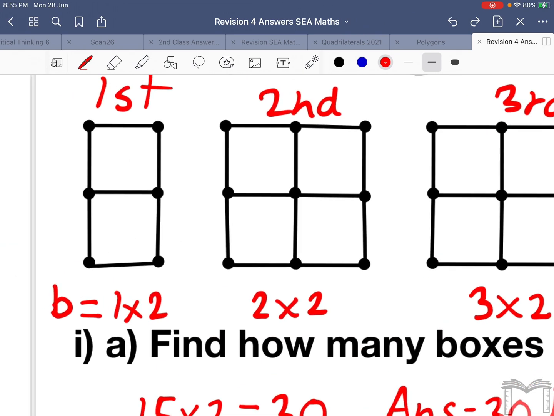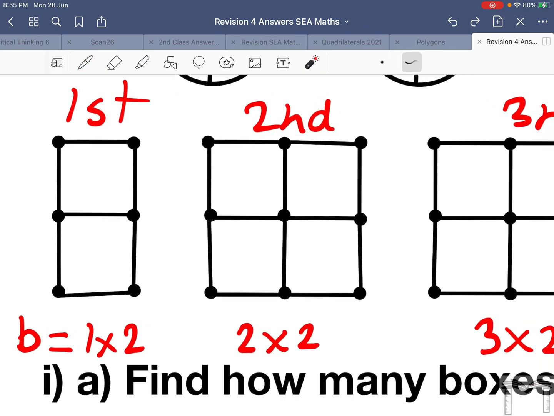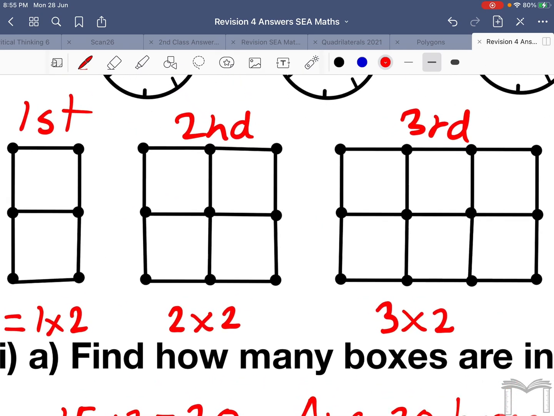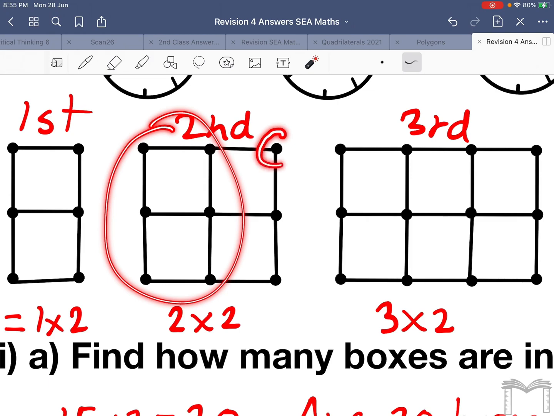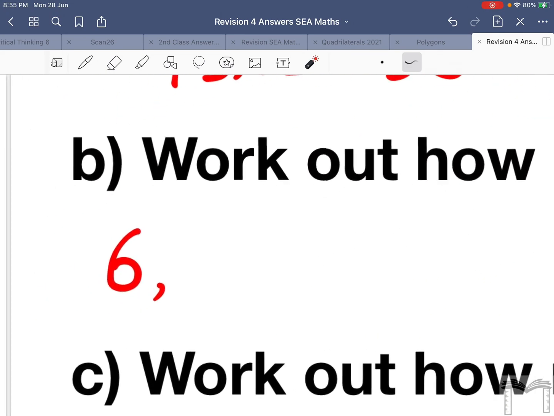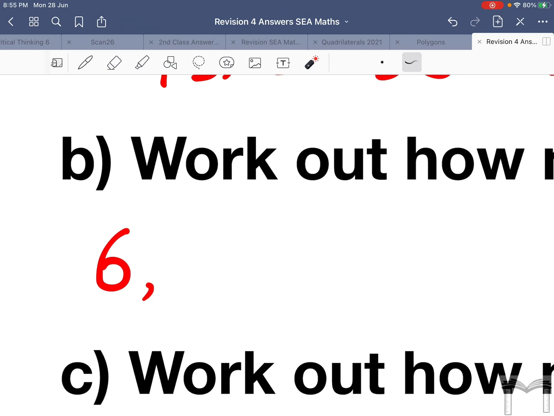So let's count the dots for the first pattern. 1, 2, 3, 4, 5, 6. So let's write that down, 6. The next pattern has the same 6 but plus 1, 2, 3. So 6 plus 3, let's make note of plus 3, is 9.